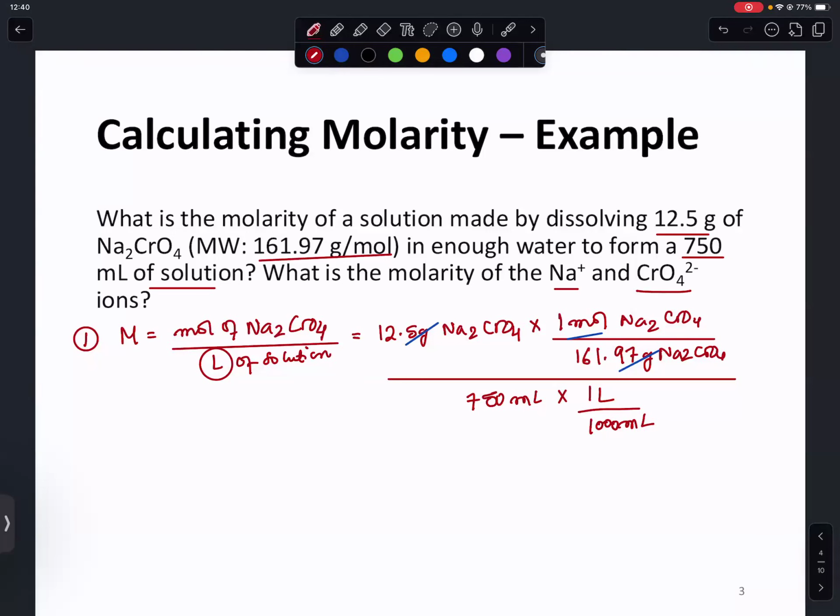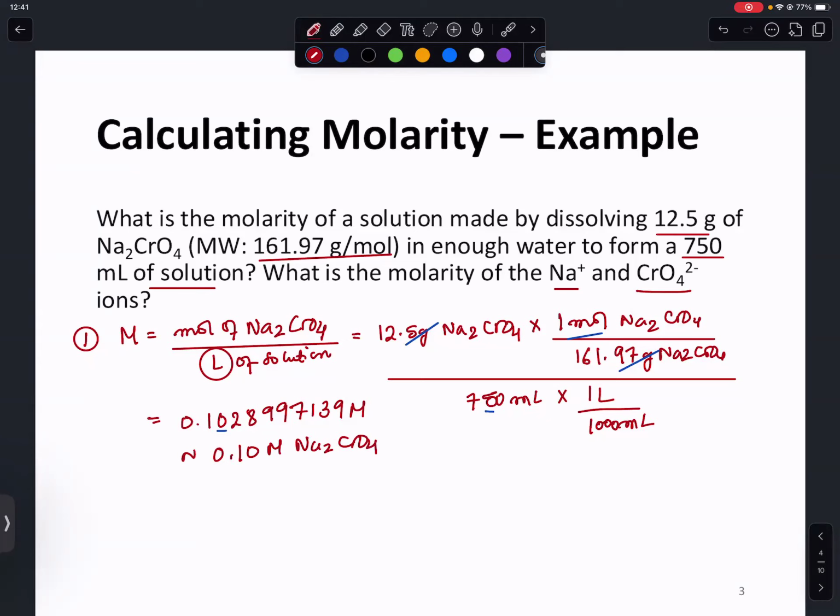Then we are going to look for the lowest number of sig figs, which in this case is 2 sig figs, and I will end up with 0.102899739 molar. Rounding to 2 sig figs, it is 0.10 molar of sodium chromate.